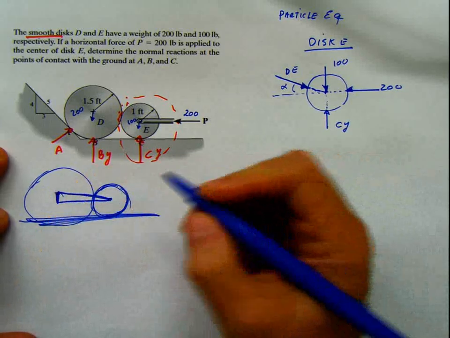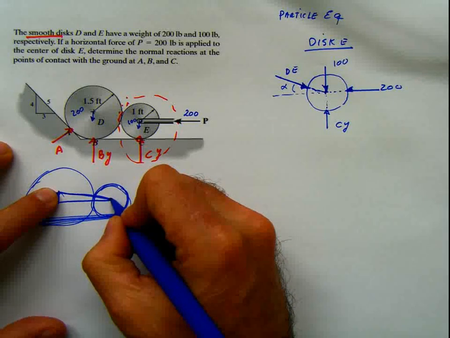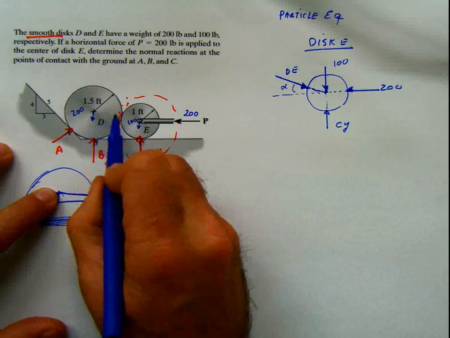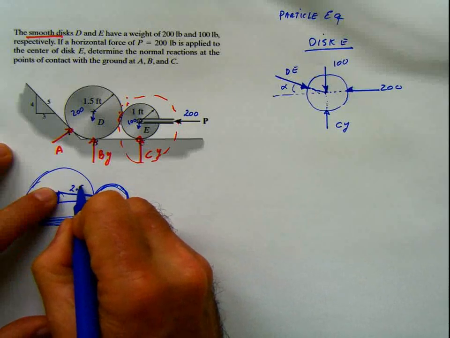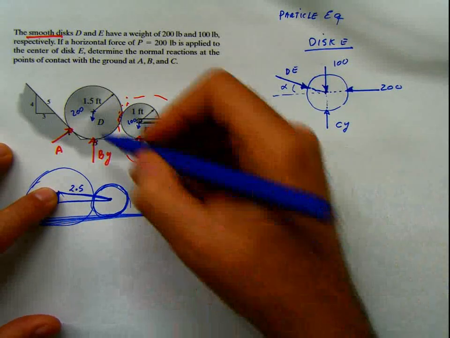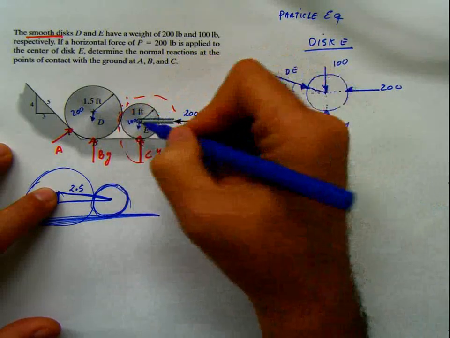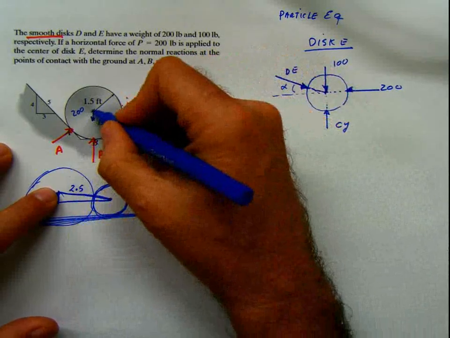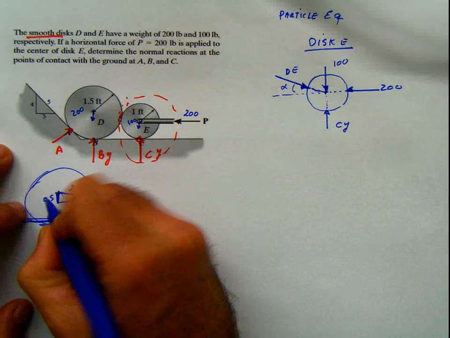Do you know this distance between both disks? Yes, you do know that because this is 1.5 and this is 1, meaning this distance is going to be 2.5 feet. Do you know the vertical distance between these two points? Yes, because this is 1.5 and this is 1, meaning this is 0.5 feet.